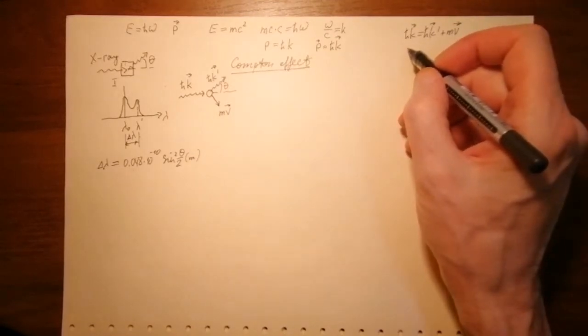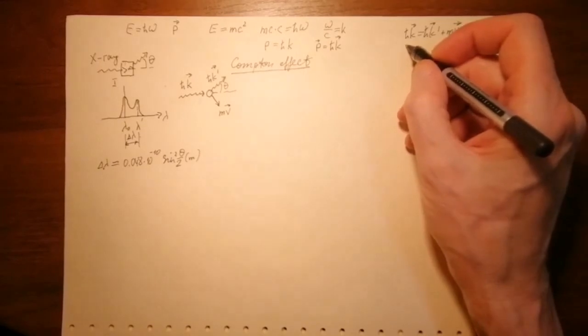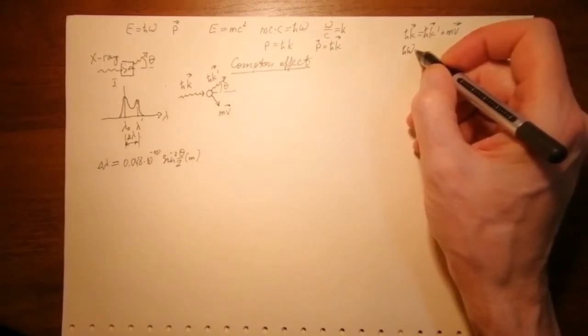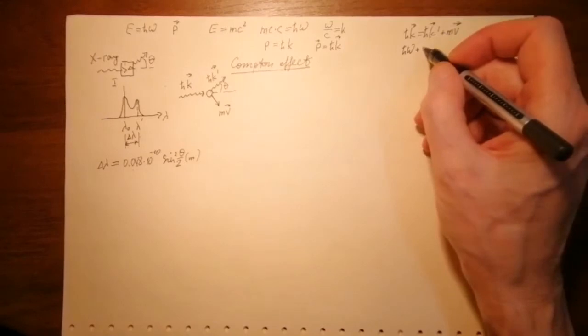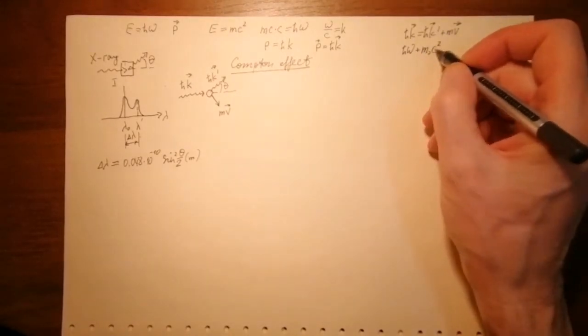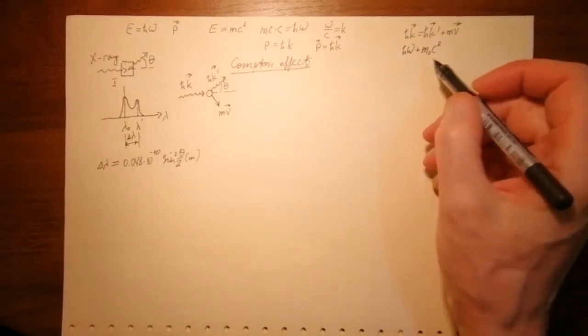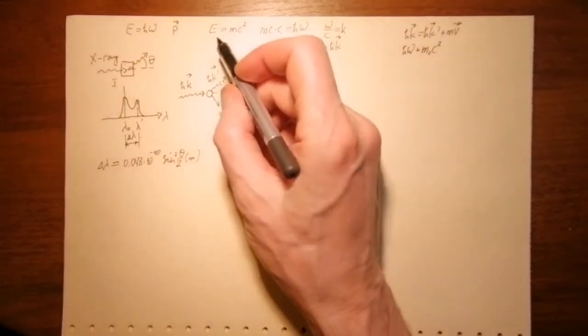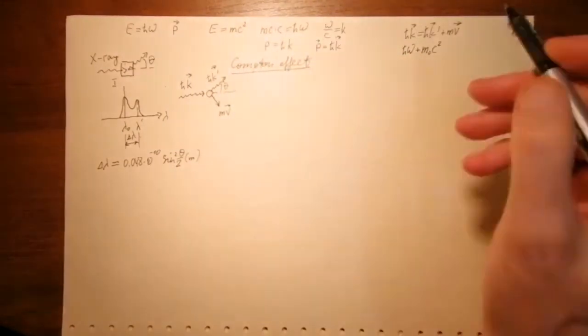Energy should also be conserved. h omega is the energy of the photon before scattering, and the electron before scattering had energy m0 c squared, where m0 is the rest mass, from E equals m0 c squared.